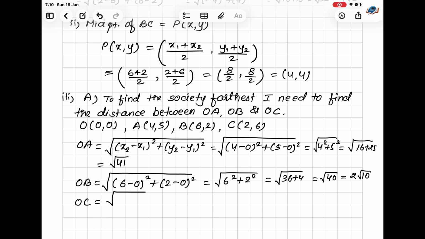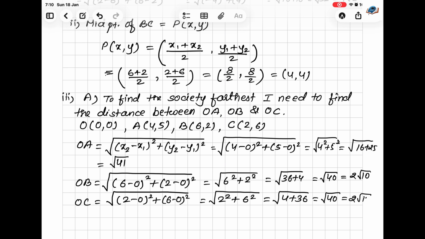And same way OC if I find, that I will get (2 minus 0) whole square plus (6 minus 0) whole square. So that will be again 2 square plus 6 square. So that is 4 plus 36. So that will be root 40, 2 root 10.